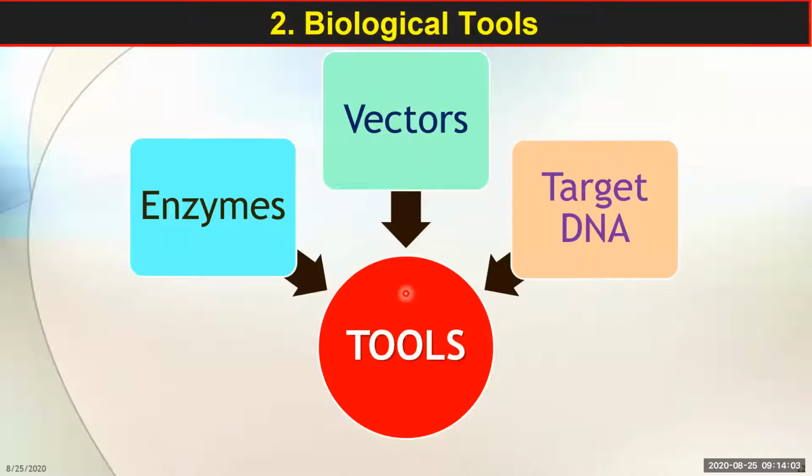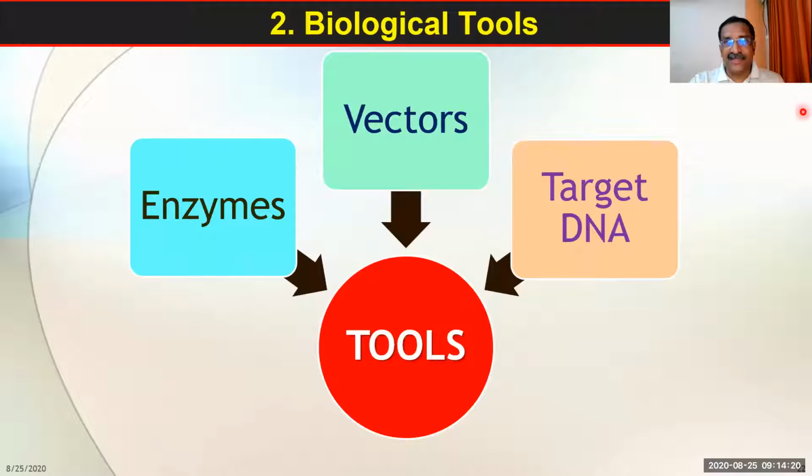These are the points we have seen. Basically, there are three main tools under biological tools. First one is enzymes, second one is the vectors, and third one is the target DNA.